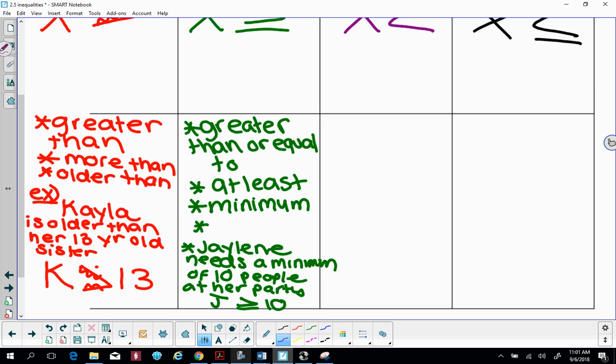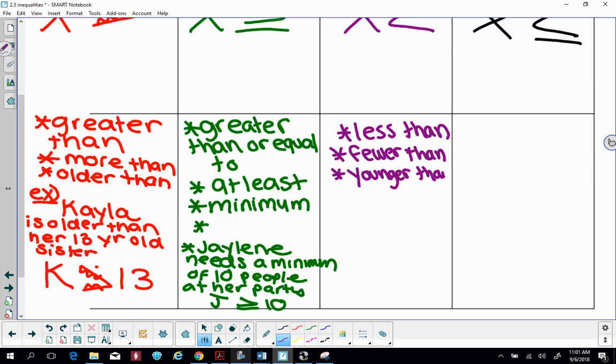The next one is less than. And that could be like fewer than, younger than. So that could be something like, in order to go on this playground, you need to be under 8 years old, right?